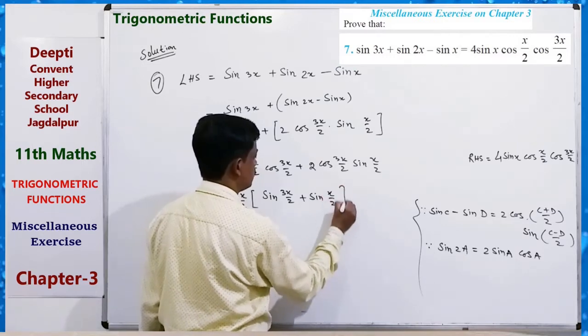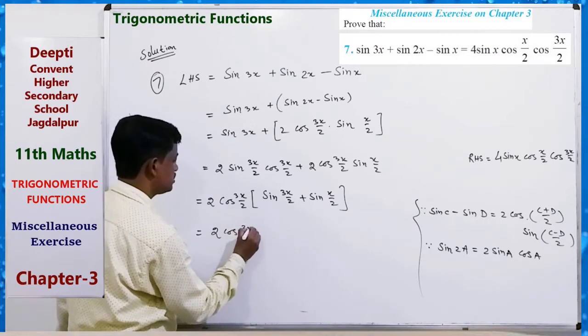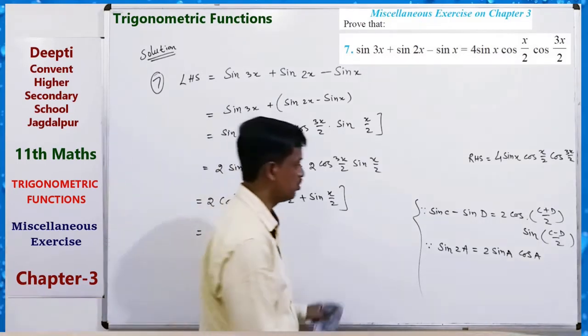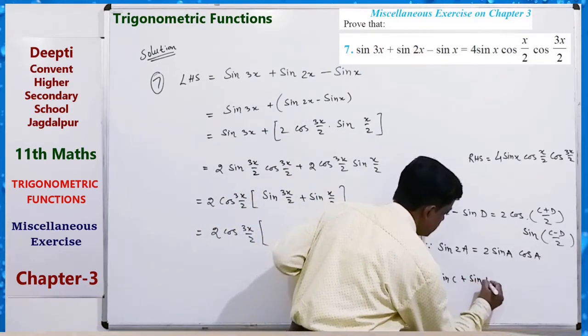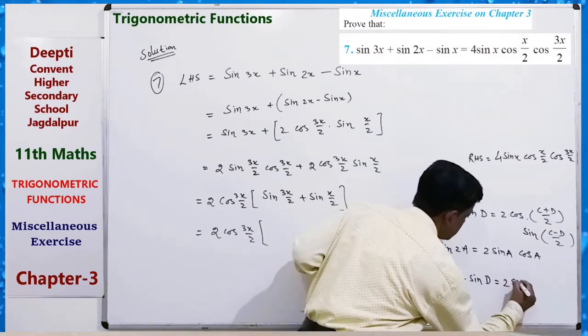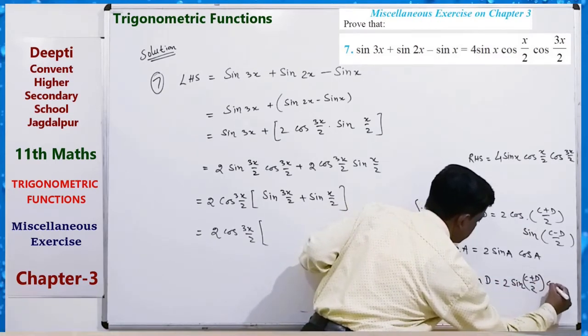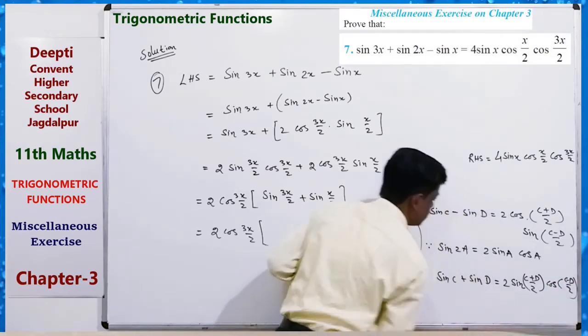So 2 cos 3x by 2, here sin c plus sin d you use the formula. Sin c plus sin d equals 2 sin (c plus d) by 2 and cos (c minus d) by 2.